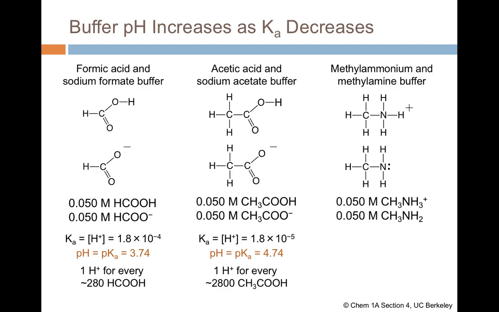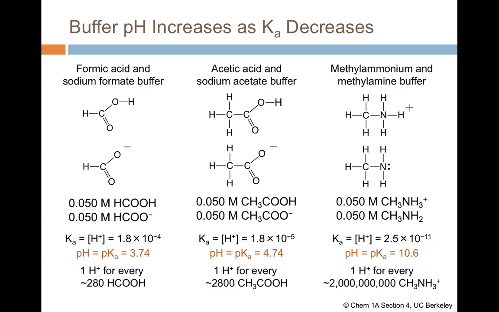Contrast this with a buffer solution made out of methylammonium and its conjugate base methylamine. Well, the Ka value of methylammonium is 2.5 times 10 to the negative 11th. That is a very small Ka, and so this buffer solution will maintain a very large pH of 10.6.